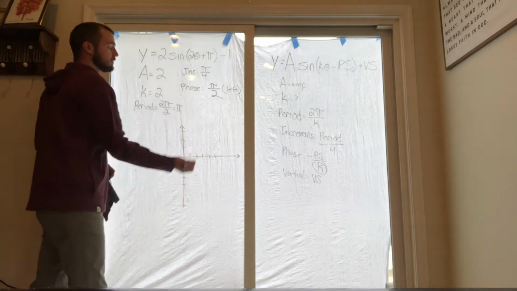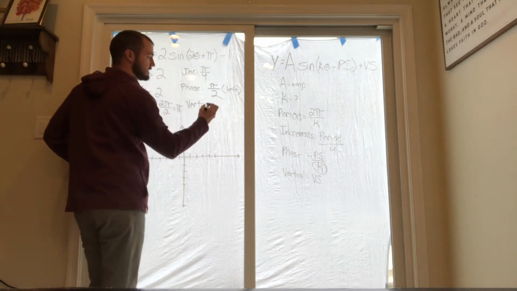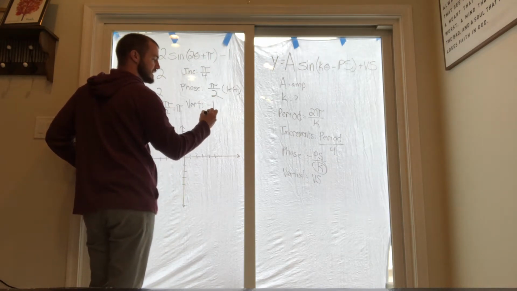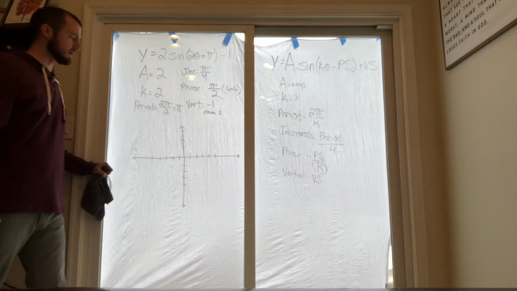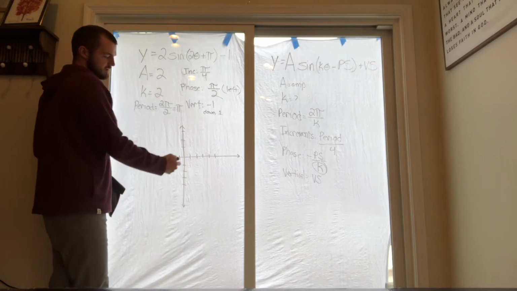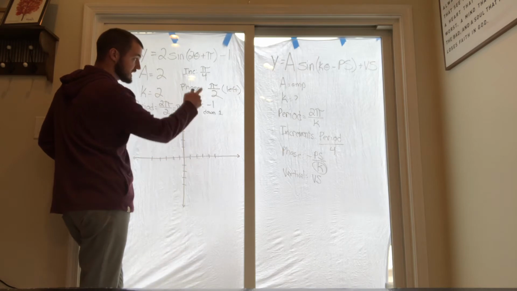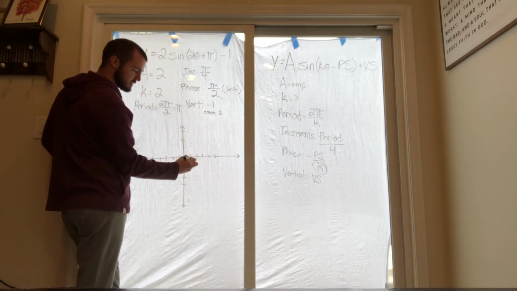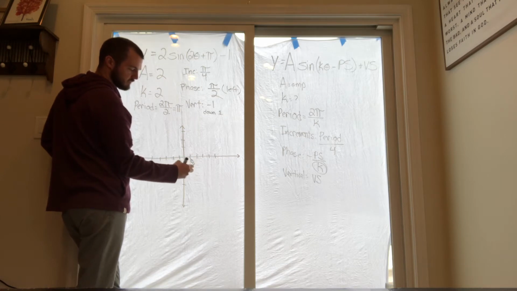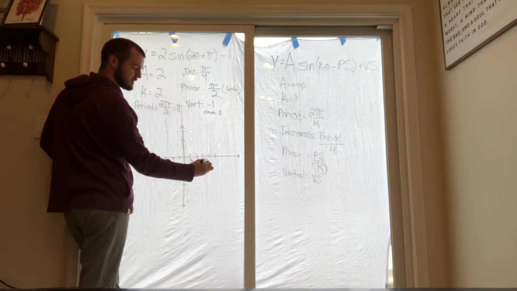Now increments. So we've got all our, ooh, I forgot. Our vertical shift is going to be a -1, or if you want to say down 1, whichever way you want to do it is fine. Okay, so now that we've got that, we're going to label. Our increments are pi over 4. You're counting by, if you want to think of it as 1/4, think of it that way. So pi over 4, 2 pi over 4, which is half, 3 pi over 4, and then pi.